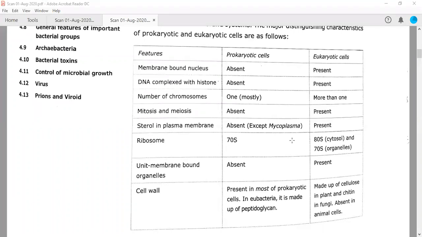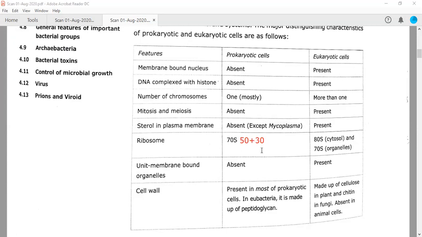Okay, one more thing you need to remember here, though you have discussed it. These are made up of two subunits. One is 50S and one is 30S. So 50 plus 30 is our 70S.